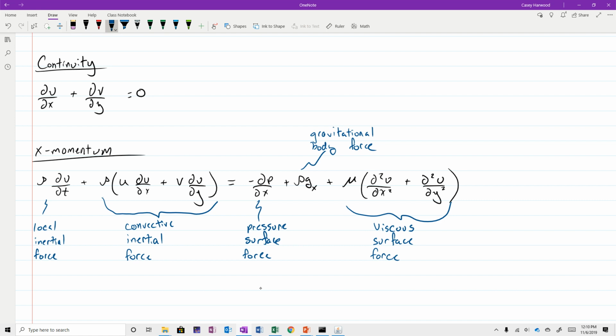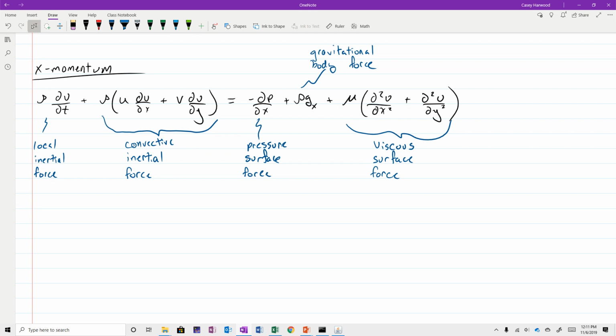So we're going to skip the derivation here, but if we were to apply the method of repeating variables to the Navier-Stokes equations, the idea is we could non-dimensionalize the Navier-Stokes and come up with some pi terms, a dimensionless representation. In order to do a dimensional analysis, it's a little bit different than what we've been doing. The idea is you'd have to pick a set of reference variables instead of just reference dimensions.